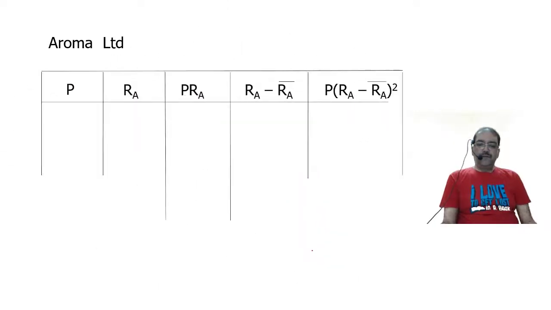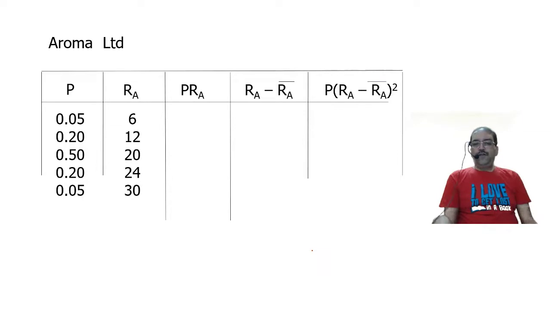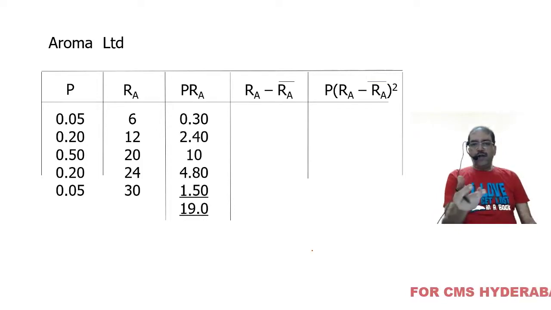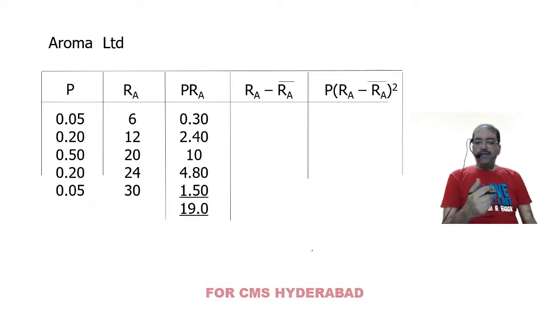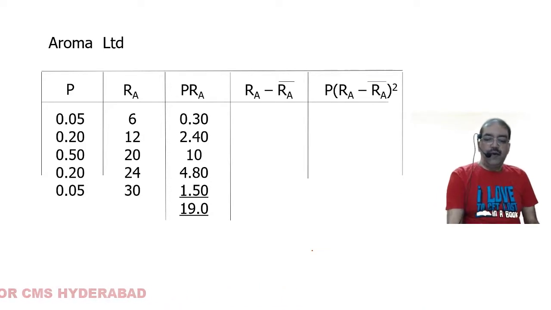So for Aroma Limited, all the probabilities and returns are written, multiply the two, and in total you will get 19. We have done this in the first step. We had got 19. Now for each value, we compute RA minus RA bar. RA bar means what? Average.